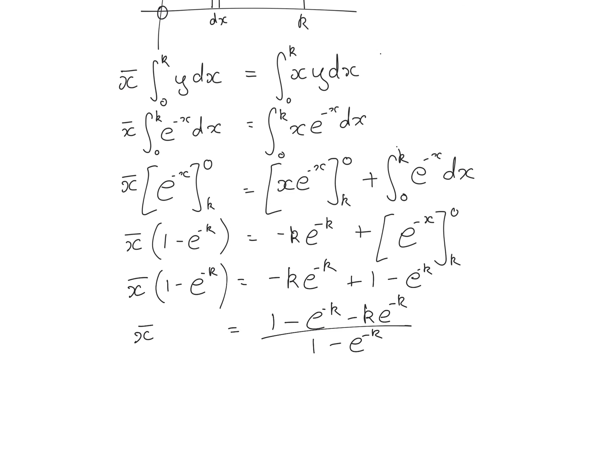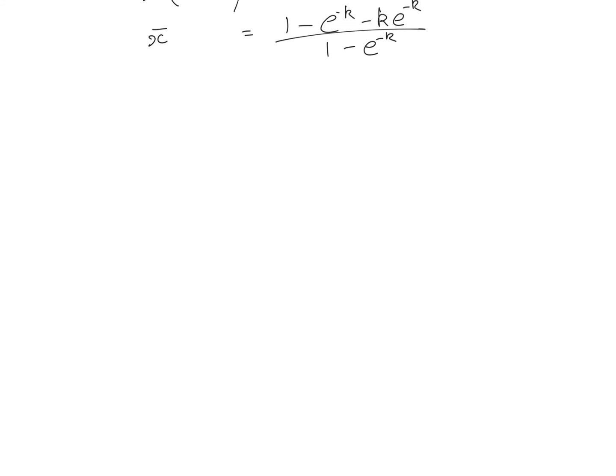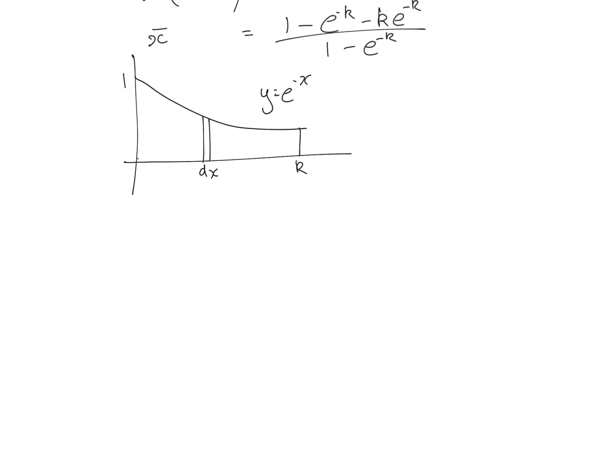Okay, and then we've got to do the same thing for y. So I'm now thoroughly bored because it is pretty much the same question again, but I've just got to keep my wits about me. I'm going to use the same strip. That's 1, dx, y equals e to the minus x, that's k, 0, that's x.